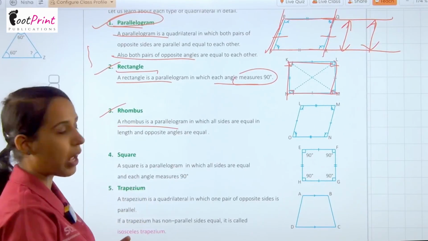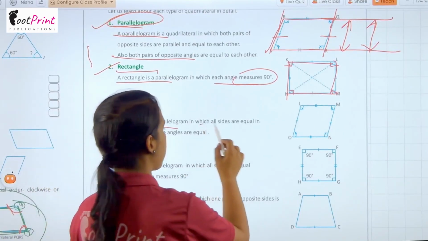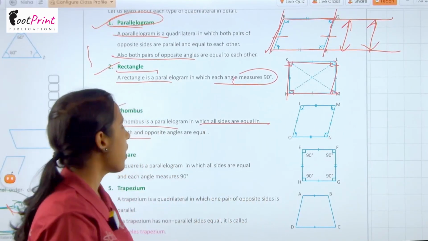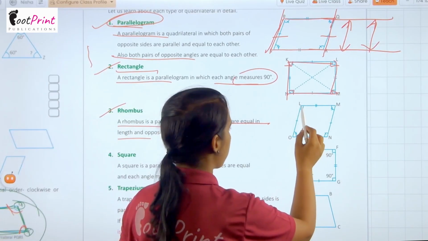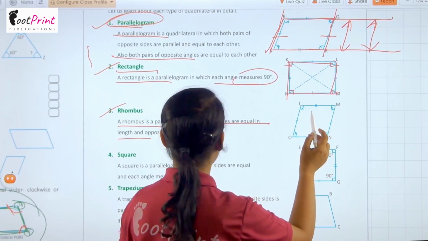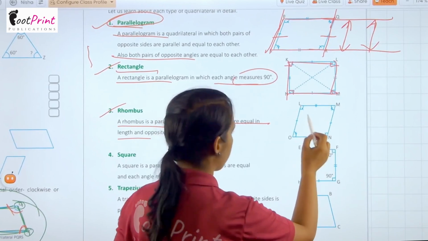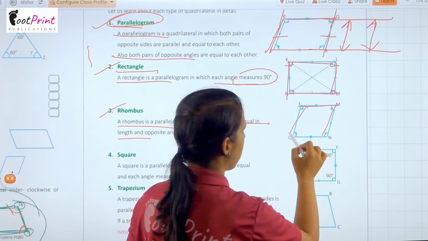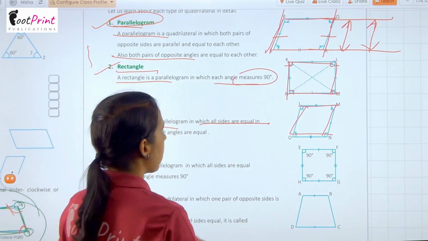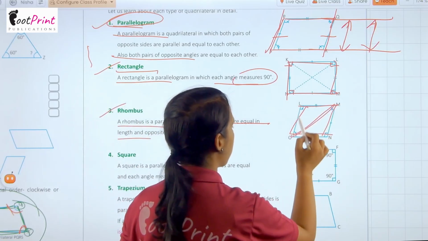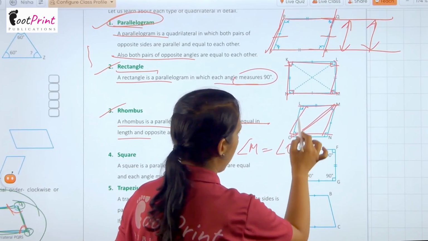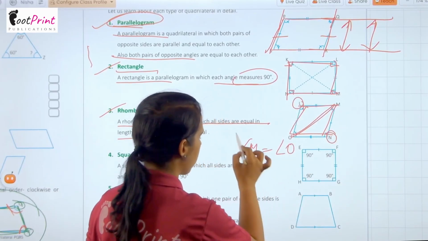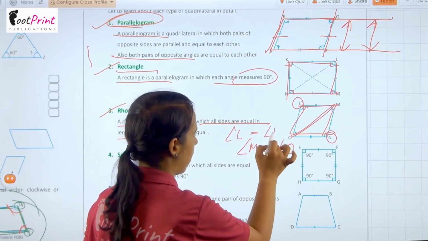A rhombus is a parallelogram in which all sides are equal in length and opposite angles are equal. So all sides are equal, and the opposite angles will be equal, meaning angle M equals angle O and angle L equals angle N.